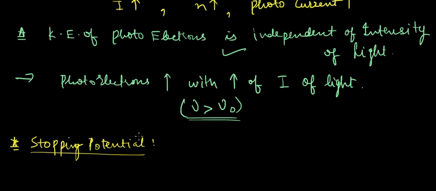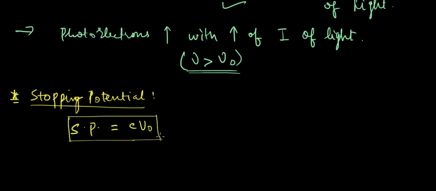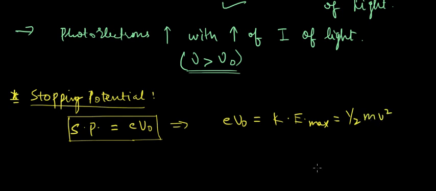Okay, so we can say that stopping potential is equal to eV naught, and eV naught should be equal to the maximum kinetic energy of the photoelectrons, which is half mv square.